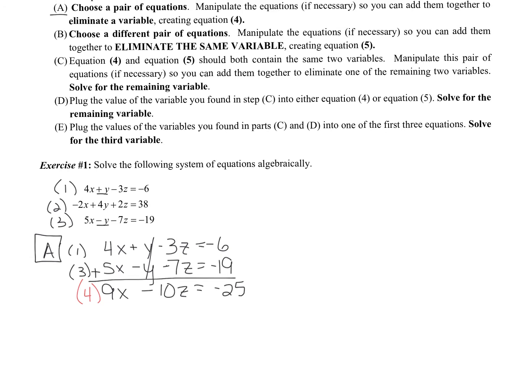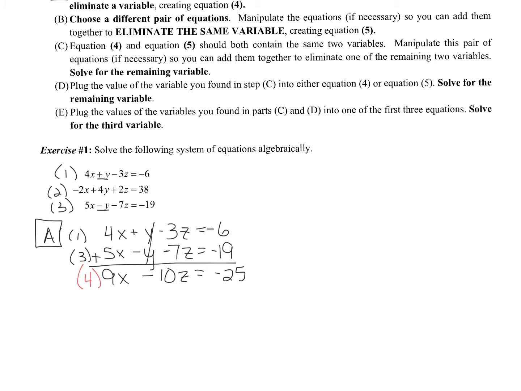Looking at these, there's no, you have to do this one, but I try to look for the easiest thing, the thing that's going to be least likely for me to make a silly mistake. And that looks like combining equations 2 and 3, because even though they're not the same number on y, I have a 4y and a negative y, the signs are already correct. So I would just need to multiply equation 3 by positive 4, creating a negative 4y.